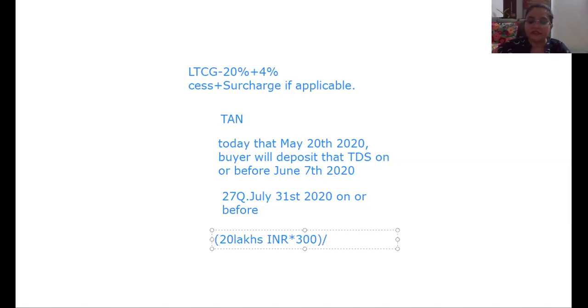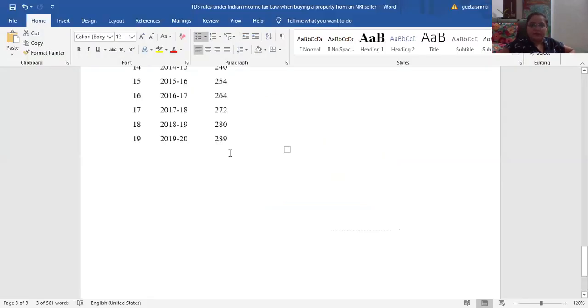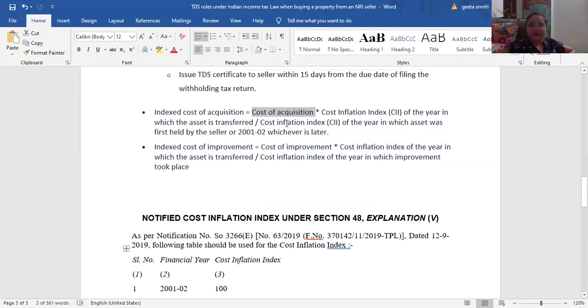And this whole sum should be divided by, if we go to our slide, the cost inflation index of the year in which the asset was first held by the assessee, by the seller, or 2001-2. Why 2001-2?